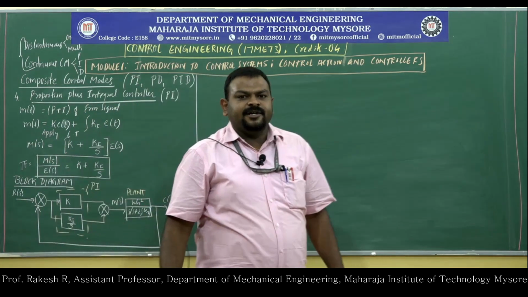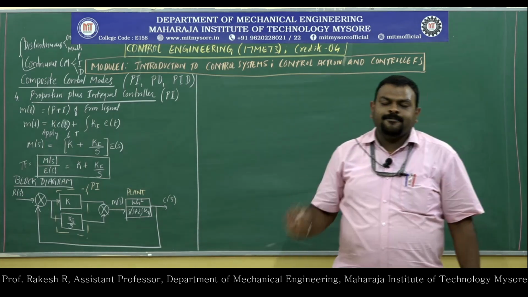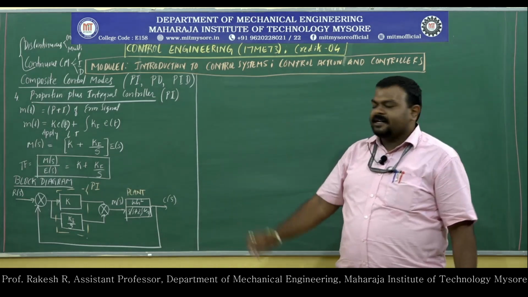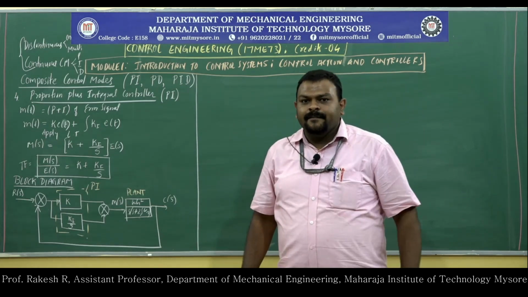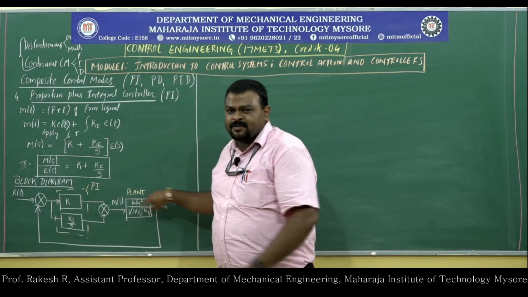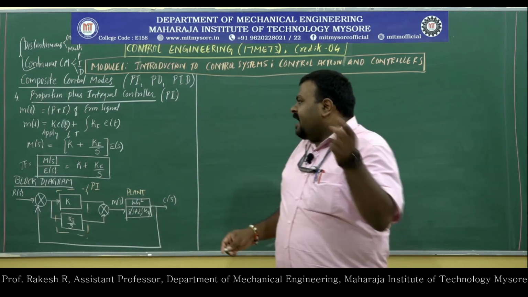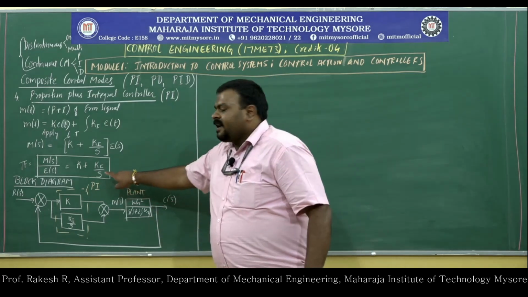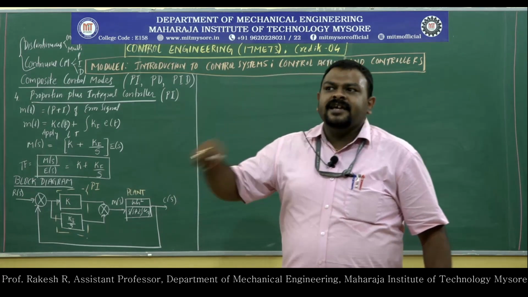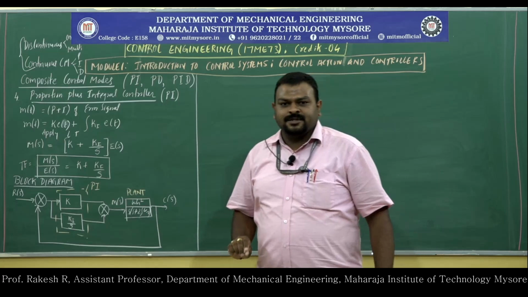Proportional plus integral control action will play majorly on steady state response. Whenever you consider the steady state response, the proportional plus integral controller will be dominating, because initially there is S square plus 2 zeta omega n S plus omega n square. That is the characteristic equation. When we add an integral controller, there will be an S term which is induced. So this S term is causing an increase in order, which is favorable for steady state response.